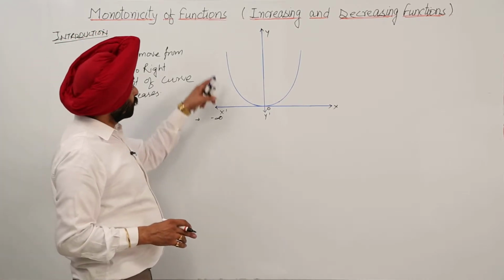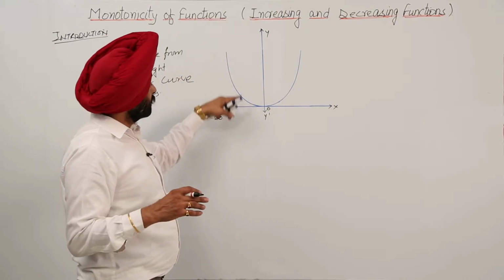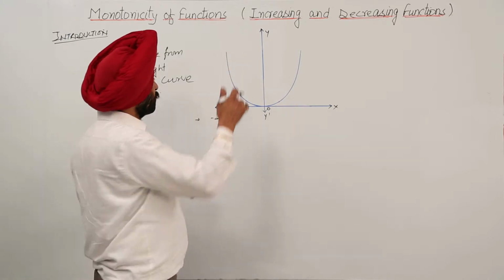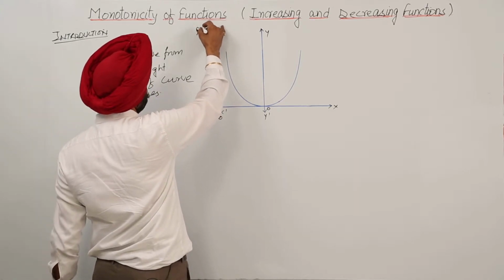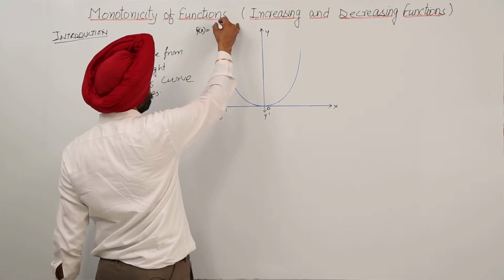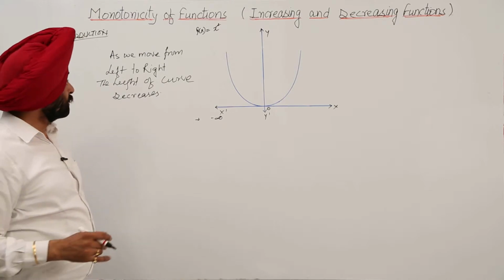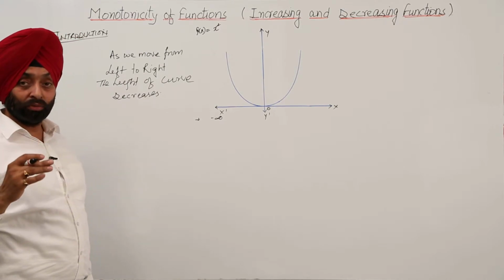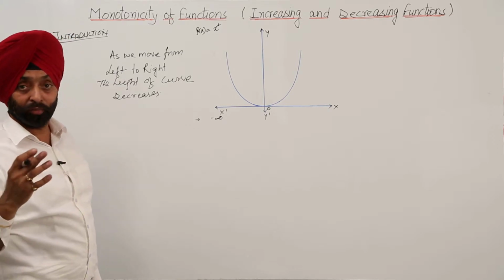How? Suppose one value is -2, and being a parabola, this is for f(x) equal to x squared. If it is -2, the result will be 4. If it is +2, the result will be 4.